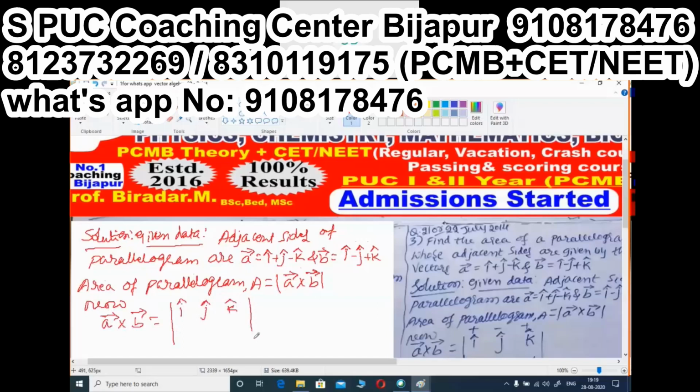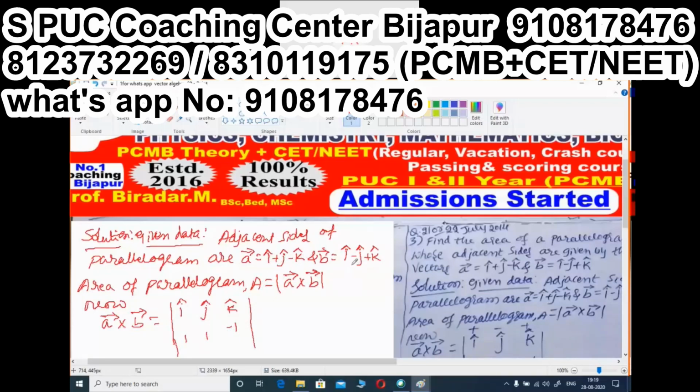For the second and third rows, use the coefficients. For a, in the second row: the i cap coefficient is 1, the j cap coefficient is 1, and the k cap coefficient is minus 1.